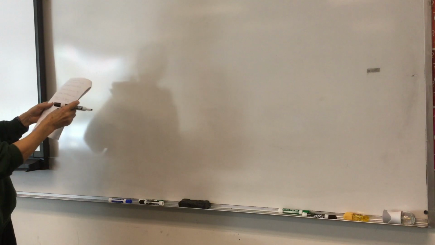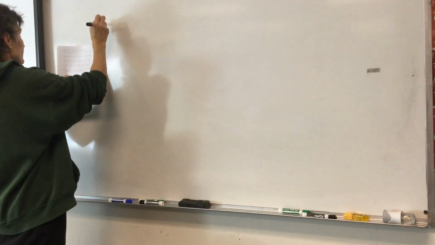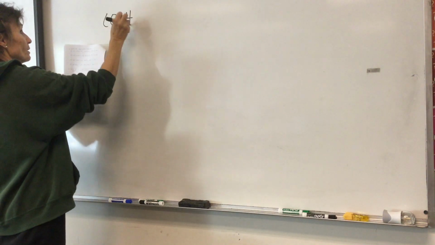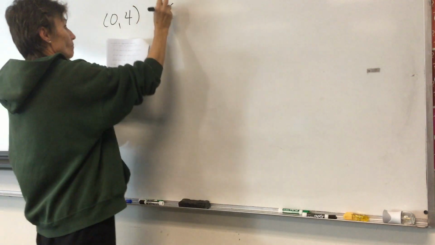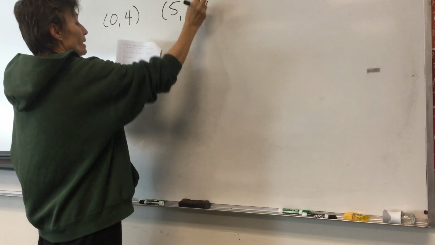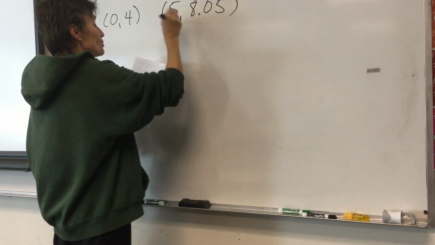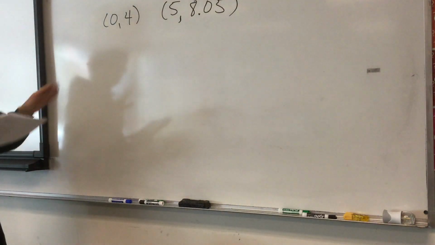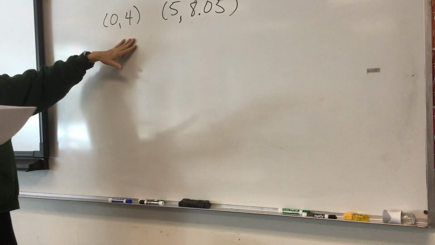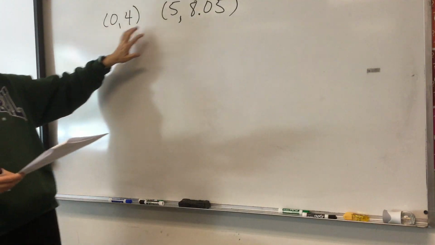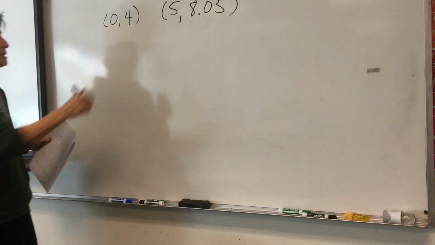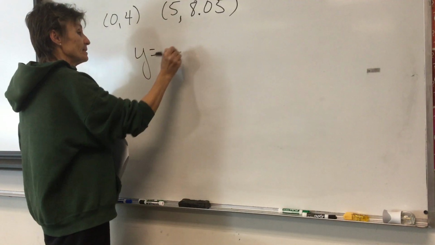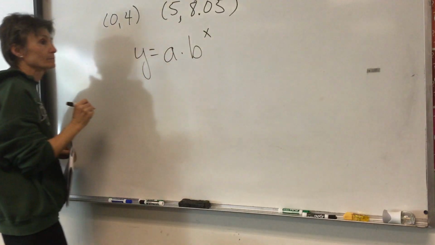Only the one on the quiz, you won't need a calculator for, but this one you will. And I want to make sure you know how to use your calculator to do it. So we're going to write the equation of the exponential function that contains these 2 points. So keep in mind, this is what you're shooting for.